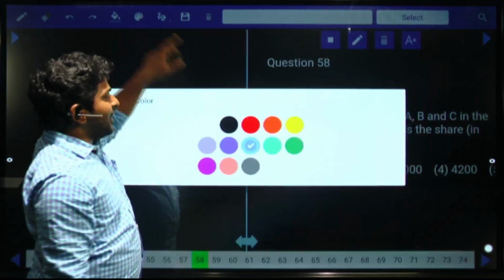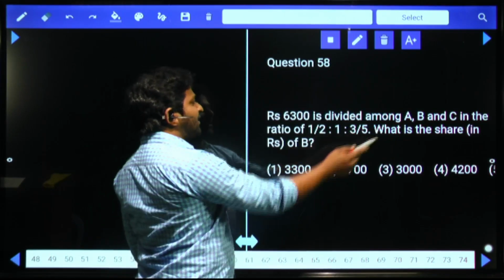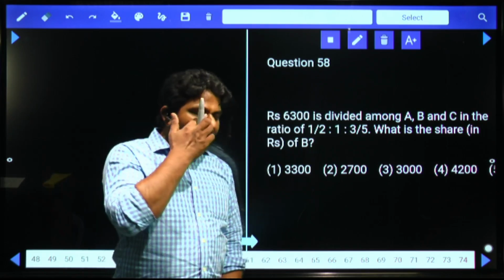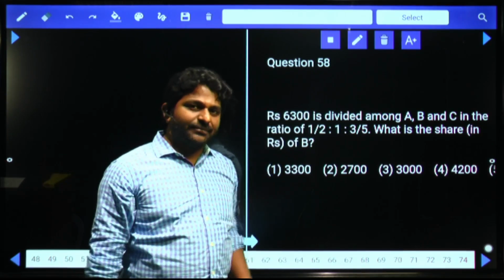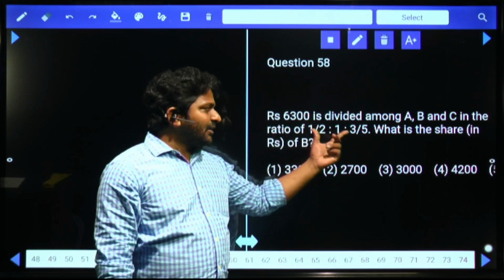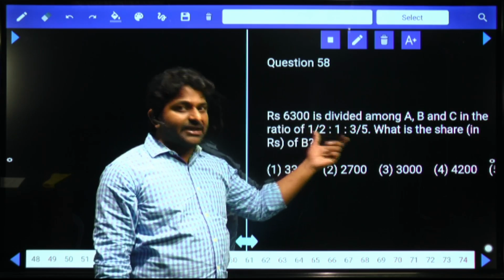6,300 is divided among A, B, C in the respective ratio 1 by 2, 1 and 3 by 5. What is the share of B? So in previous classes, when the ratio was given in fractions, we converted it into integers by multiplying every fraction with the LCM of denominators.